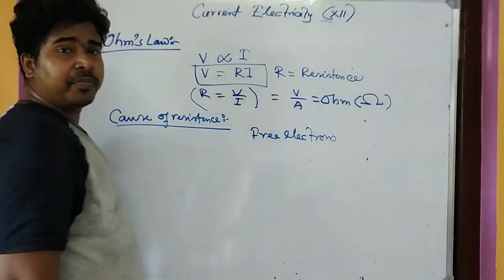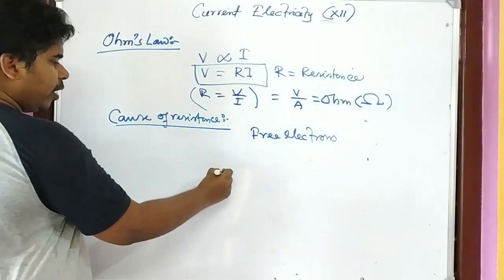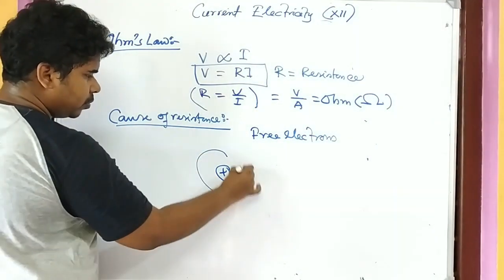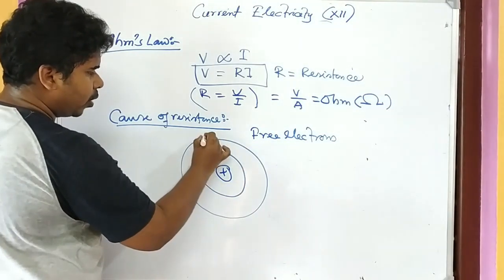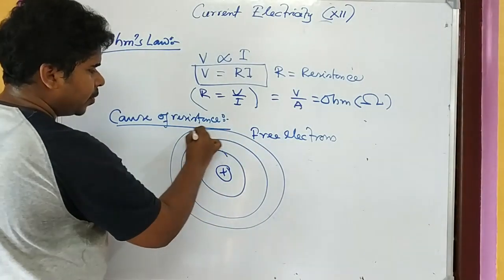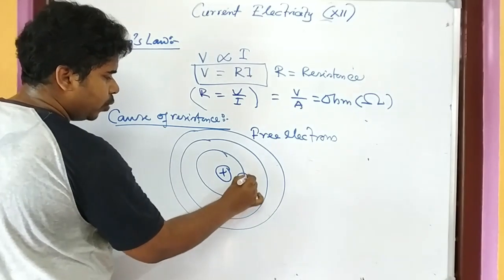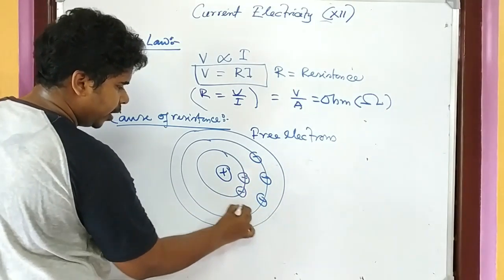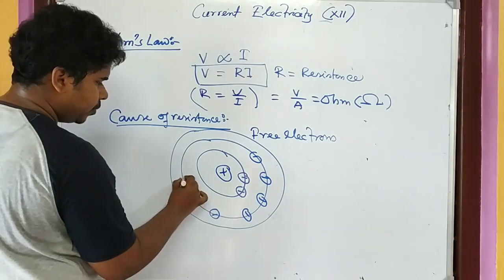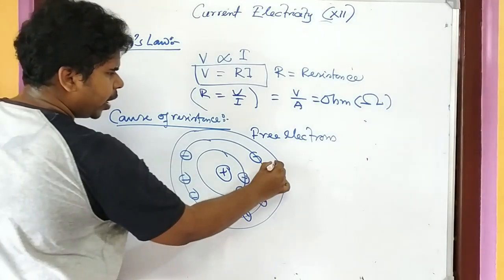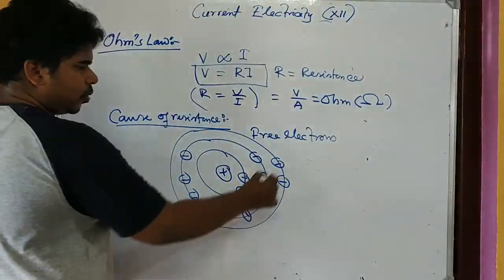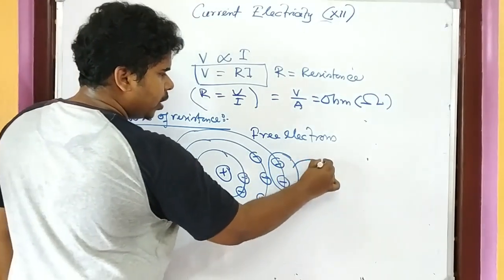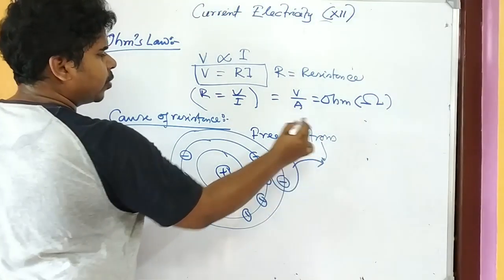We all know that. Free electrons means, if I draw the atomic structure like this, assume in the first shell there are 2 electrons, then 8, and assume here it's 2. So these last 2 electrons are known as free electrons.